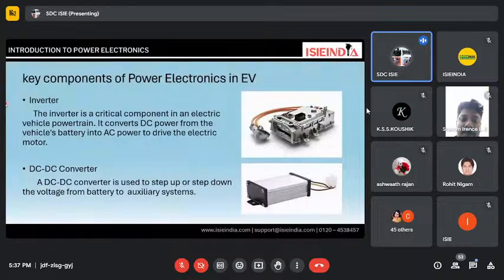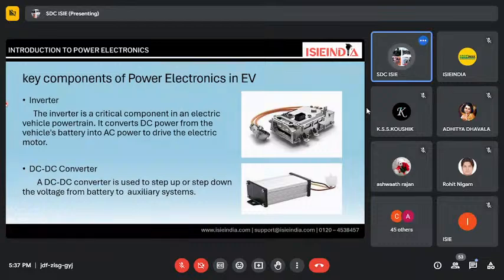with the help of the controller converter. When we talk about the DC to DC converter, in some places we call it a boost converter, in some places a buck converter, and in some places a buck-boost converter.